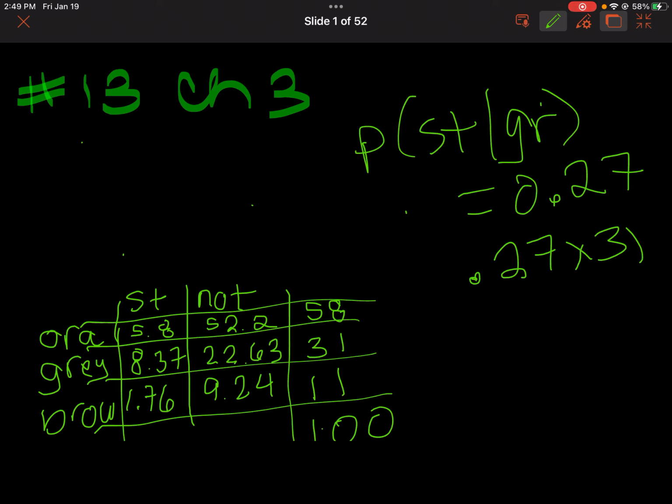And so notice if I add up each of these individual columns, I can add up 5.8 plus 8.37 plus 1.76, that means, oh, it's not fitting, 15.93 have stripes. So that goes right there. And then 52.2 plus 22.63 plus 9.24 would give me 84.07.